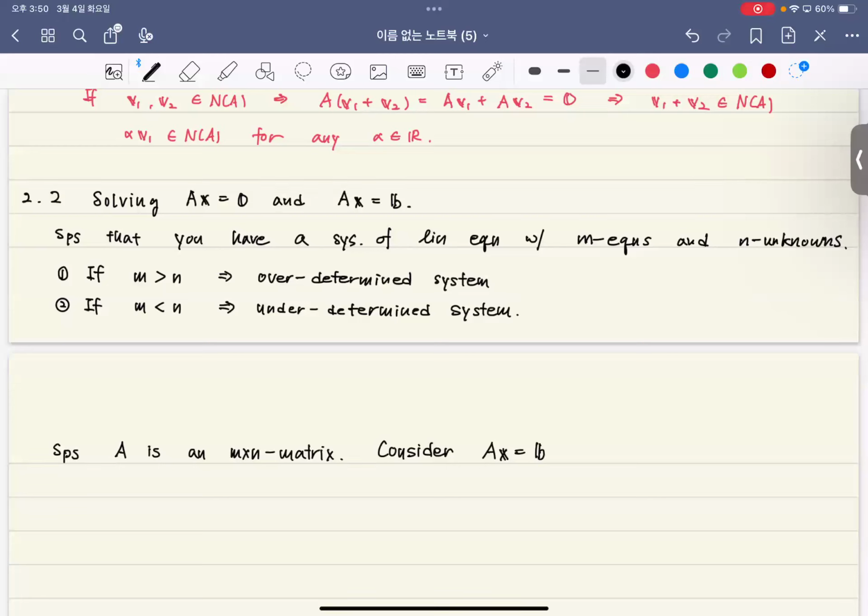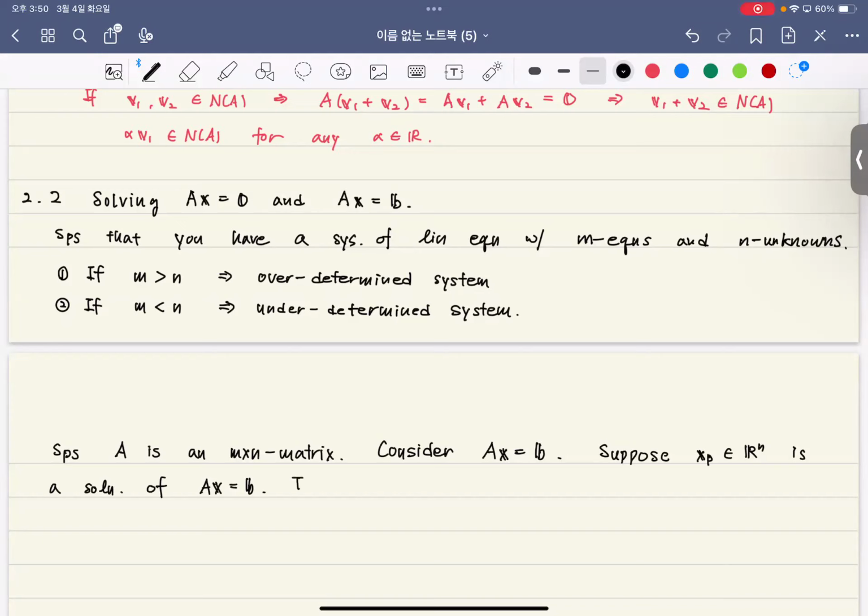Now again, suppose that we happen to find xp, a solution of the system of equations.